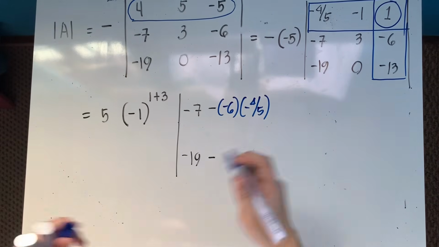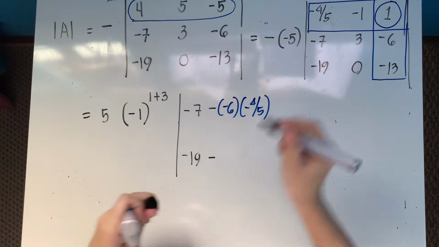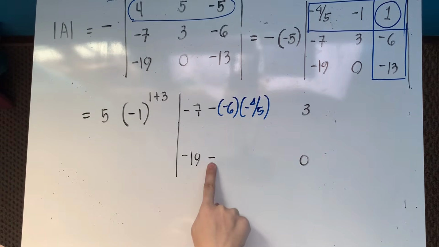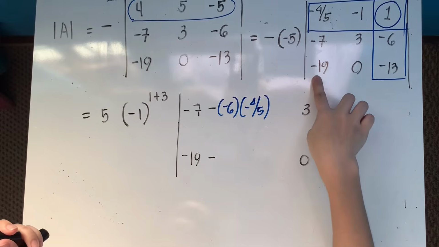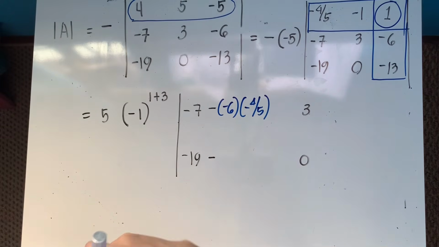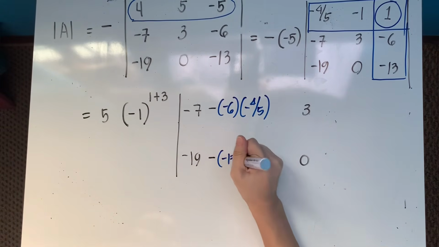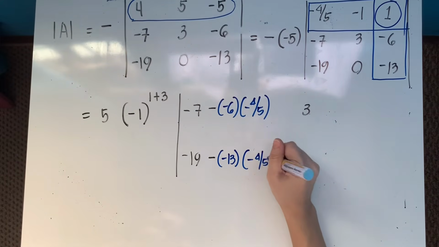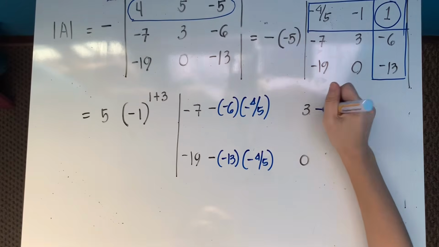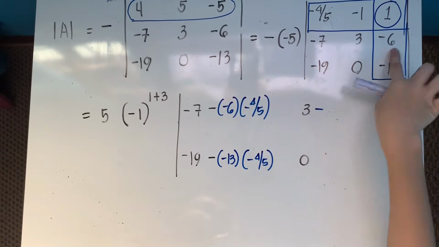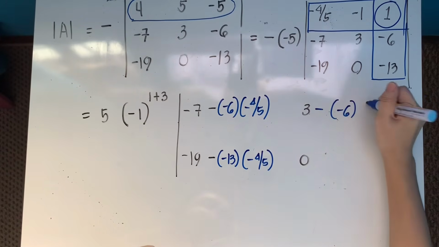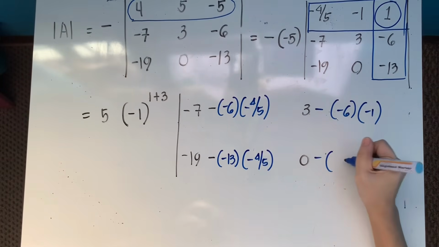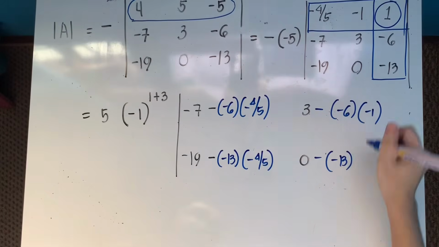Let me move this ng konti. Have space. Okay. Next, negative 19 minus negative 13 times, same column, negative 4 over 5. Next, 3 subtracted by negative 6 times negative 1, and then 0 minus negative 13 times negative 1.